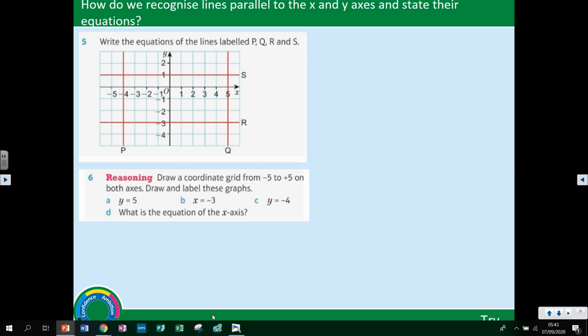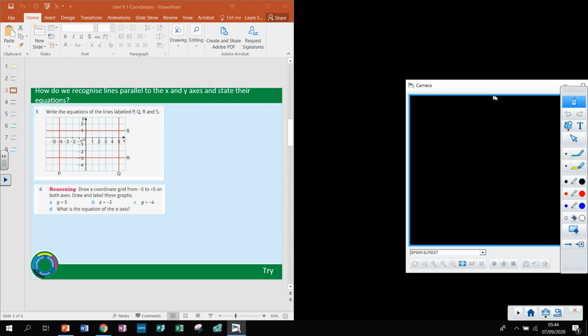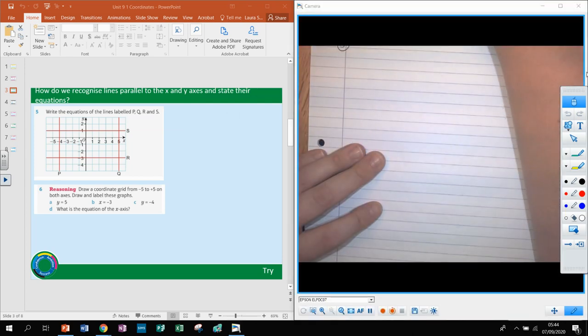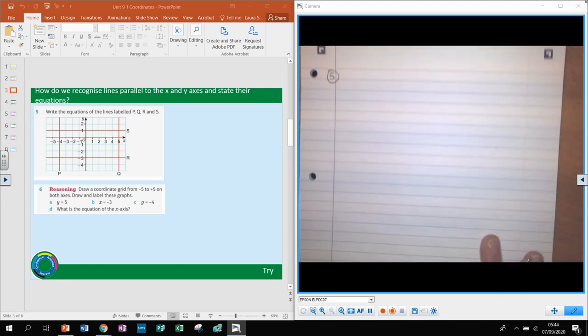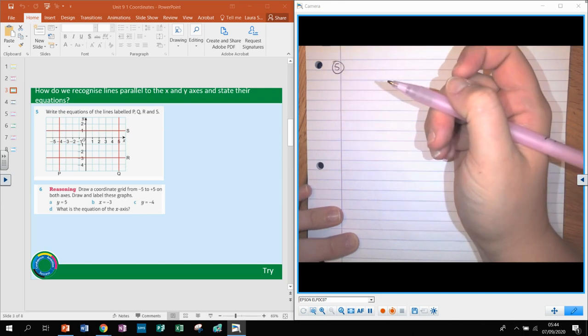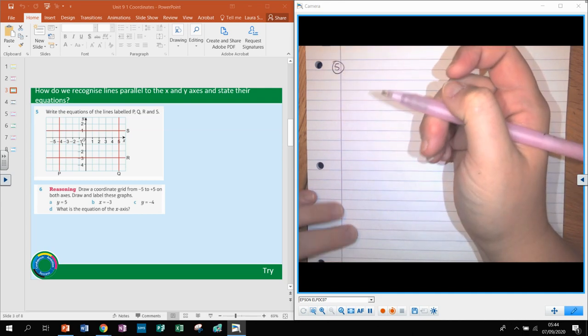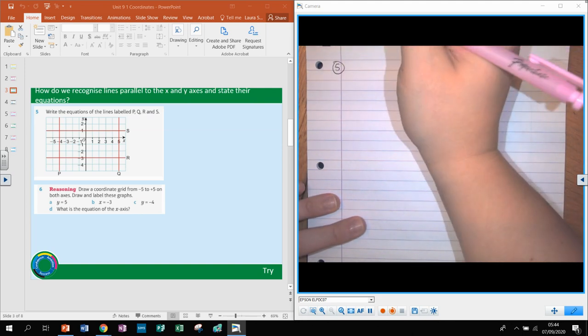Okay, well done. Let's see how we did. Let's start with question 5. There we go. Right, so question 5, they've given us axes. They want us to write down the equations labeled P, Q, R, and S. Okay, so we did this in the example that we just did.